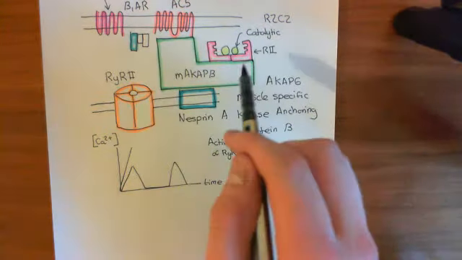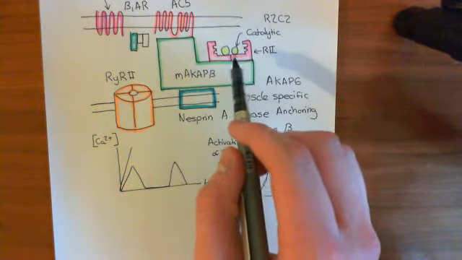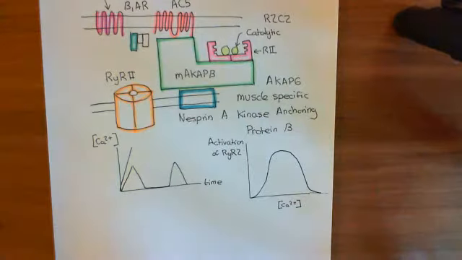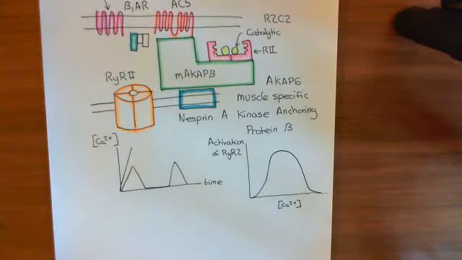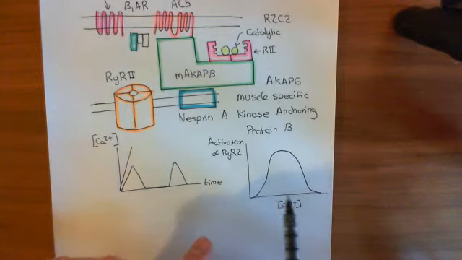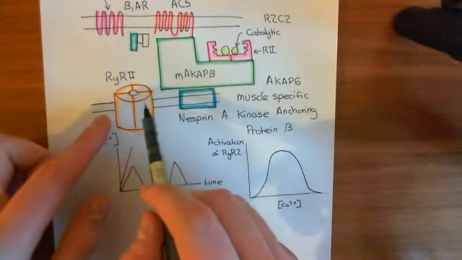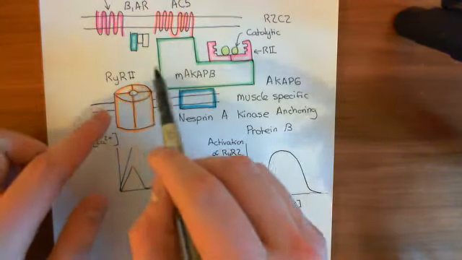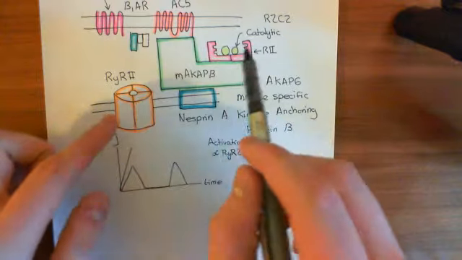So phosphorylating the type 2 ryanodine receptor with the catalytic subunits of protein kinase A is going to increase the conductance of calcium through that type 2 ryanodine receptor. It's also going to potentially shift this curve a little so that it doesn't get as inactivated as soon, basically. So I've just told you that the calcium will negatively feed back and inhibit the type 2 ryanodine receptor.